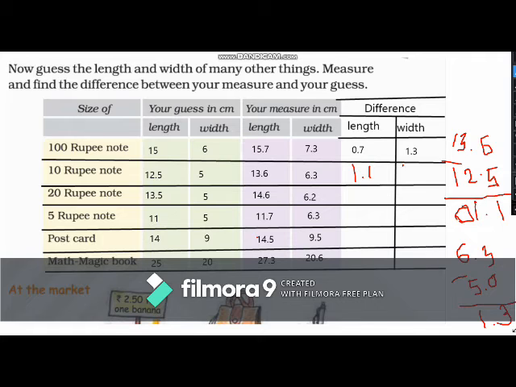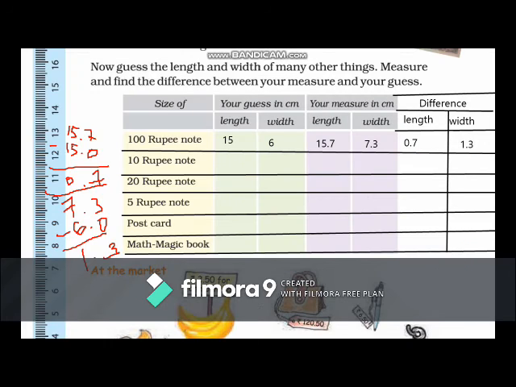So the difference of width of the 10 rupee note is 1.3 centimeter. Similarly, we have to do here also. First we have to guess the length and width of the note, and then we have to measure and write here the actual length and width of the note, and then we will find the difference between them.